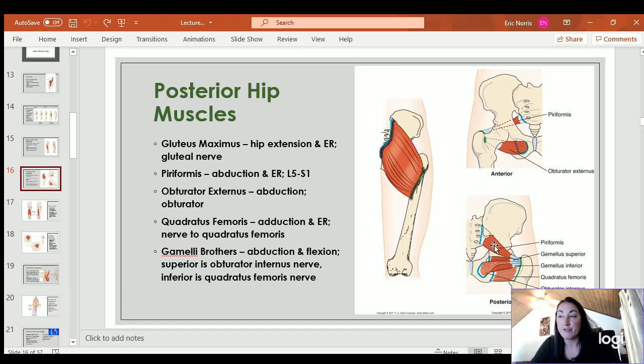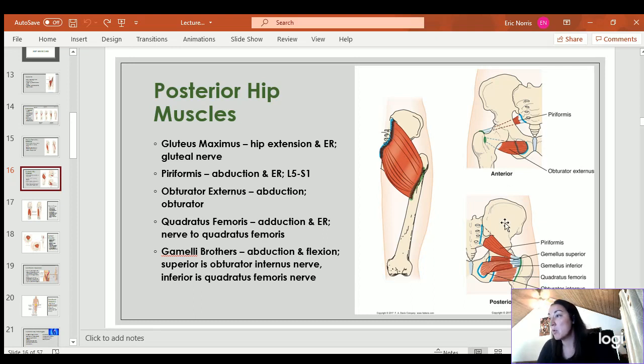And that is innervated by the nerve roots L5 through S1. And obturator externus, which is right here, is responsible for abduction as well and innervated by the obturator nerve.